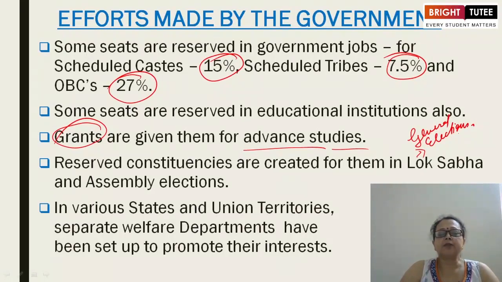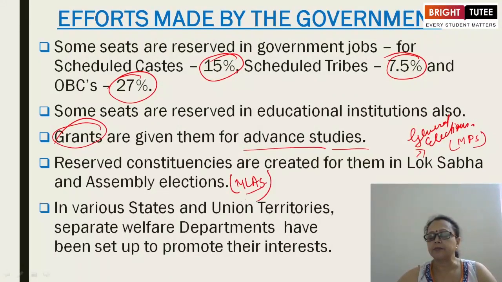This is the concept of reserved constituencies, created to give them special privileges. As per the population, some seats are reserved in both elections: the Lok Sabha for the election of MPs, and the Assembly for the election of MLAs in the states.